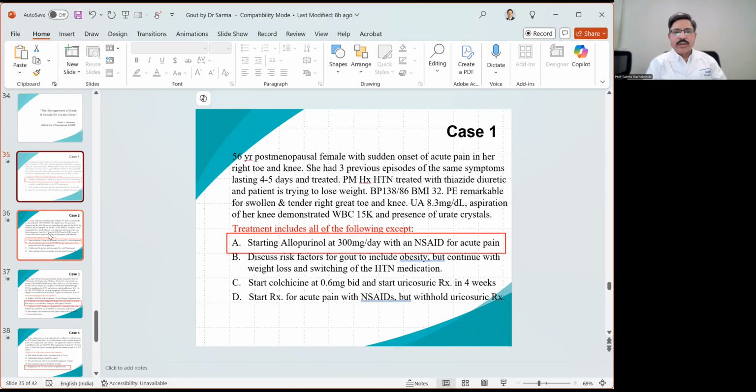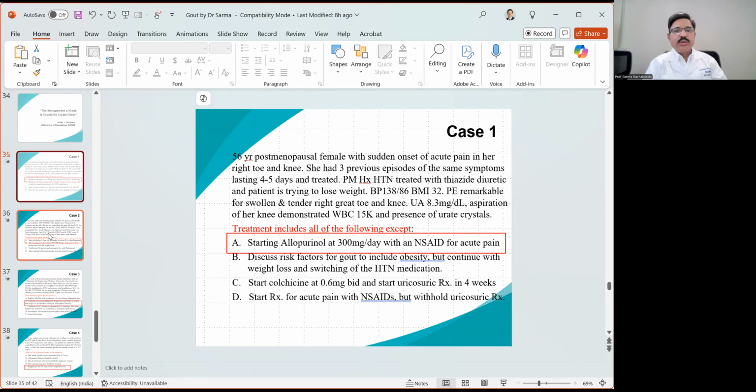It's also okay. Start treatment for acute pain with NSAIDs, but without uric treatment. That's also true, because we can start either colchicine or NSAIDs or intra-articular. Intra-articular is avoided here because she has knee joint as well as the podagra. So with more than one joint, intra-articular is out. You can give oral steroid.